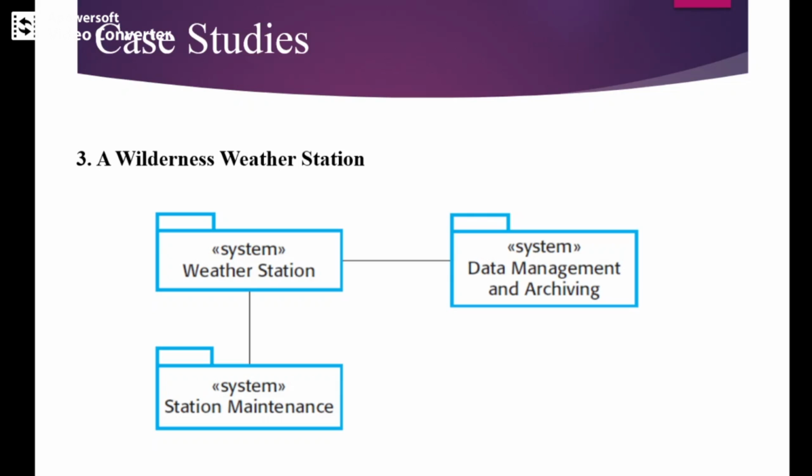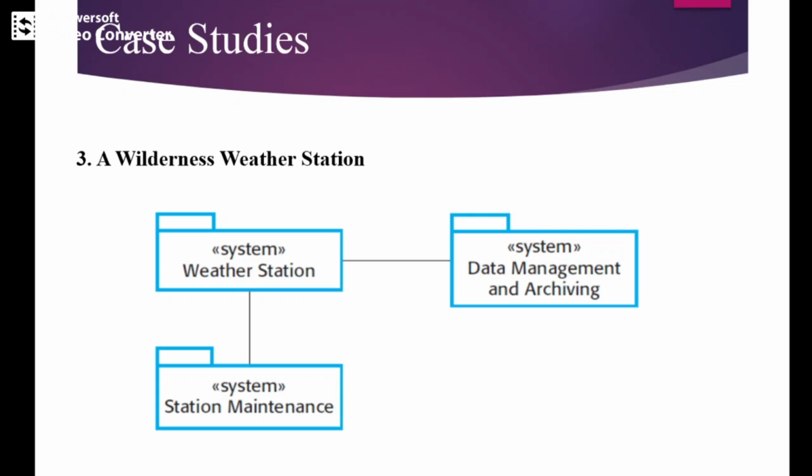To help monitor climate change and to improve the accuracy of weather forecasts in remote areas, the government of a country with large areas of wilderness has decided to deploy several hundred weather stations in remote areas.